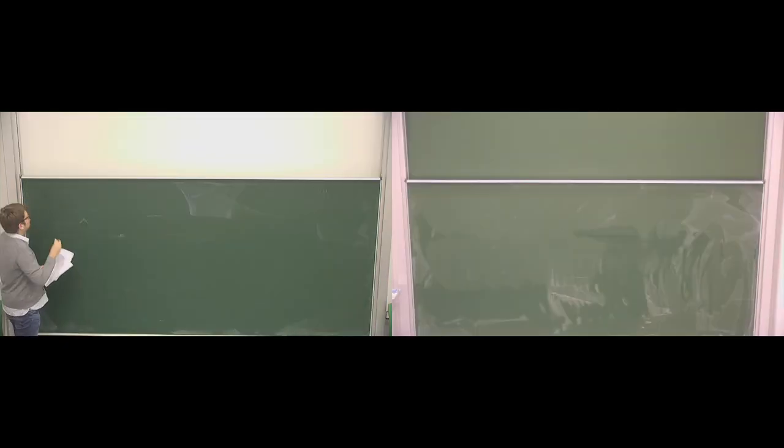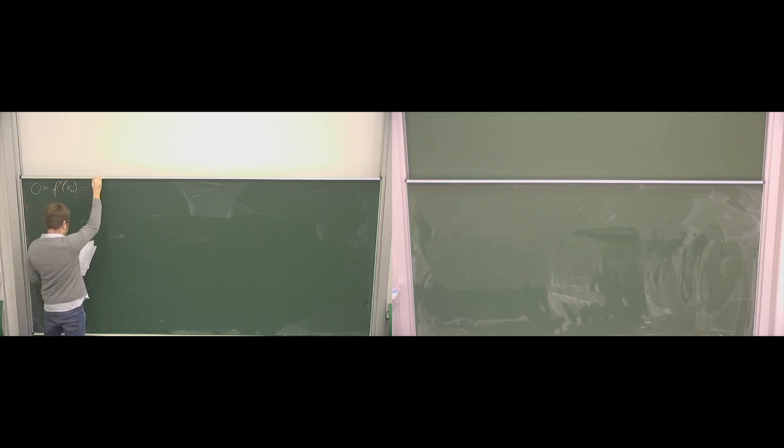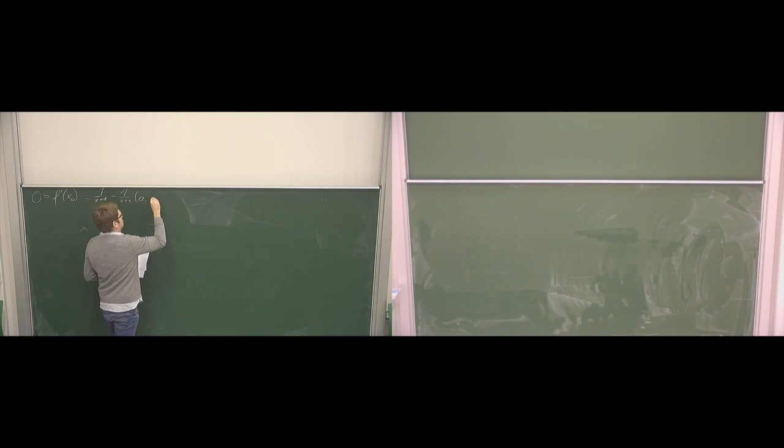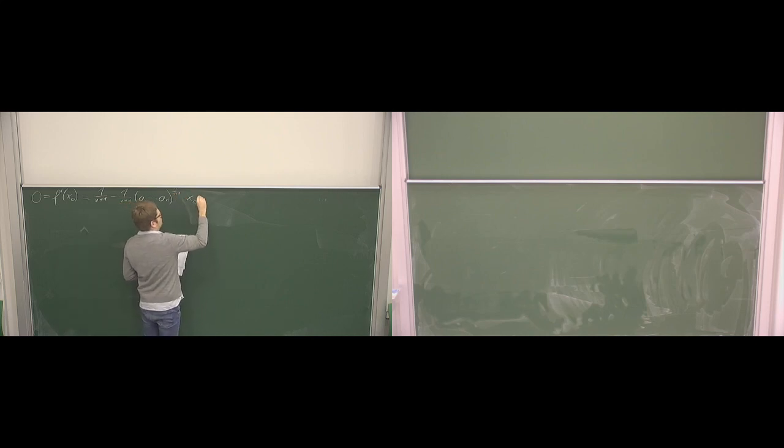We want to find the solution of 0 equals the derivative at x0, and this is explicitly given by 1 over n plus 1 minus 1 over n plus 1 times (a1 to an) to the power of 1 over n plus 1 times x0 to the power of minus n over n plus 1.